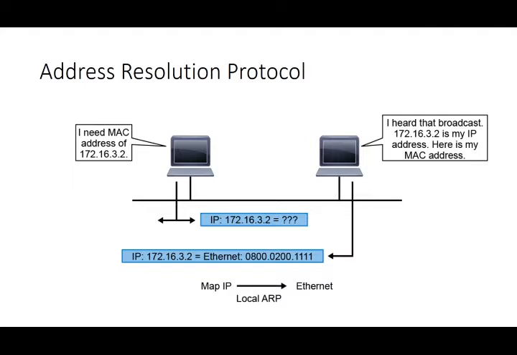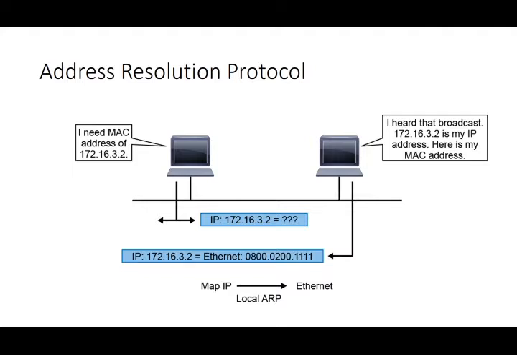A reply: 172.16.3.2 is at 0800.0200.1111. Now our device that is initiating the connection can build the Ethernet frame so that it can send traffic to that device. That original ARP request is a broadcast, and when it sends that broadcast out, the destination is a broadcast MAC address.